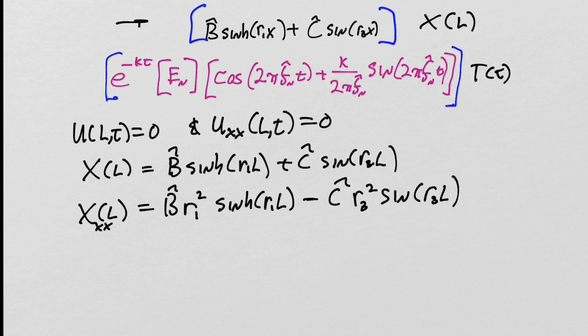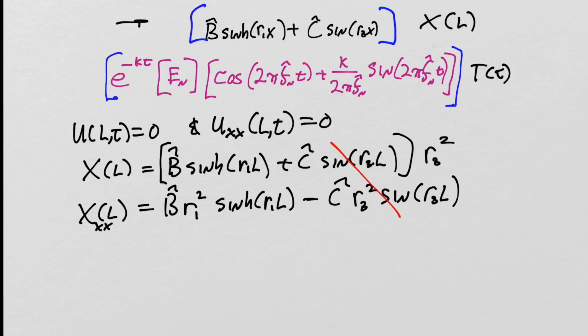So now, let's look at this. If I took this expression here and multiplied it by r3 squared and then added these two expressions to each other, this would cancel with that, right?